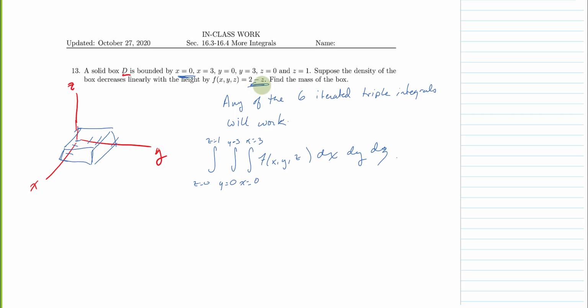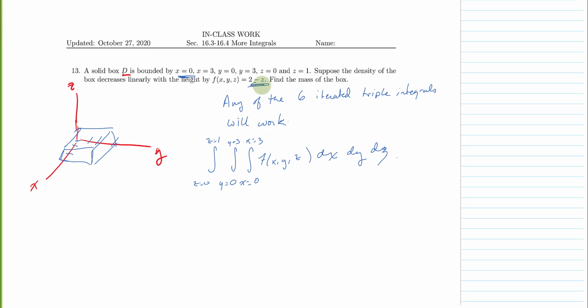In this case, we're not going to have any trouble no matter which order we use. But I would think you would probably want to start with z first, integrating with respect to z. How come? Because after the first time you integrate, you're going to have a number, and it'll make everything a little bit easier to work with.